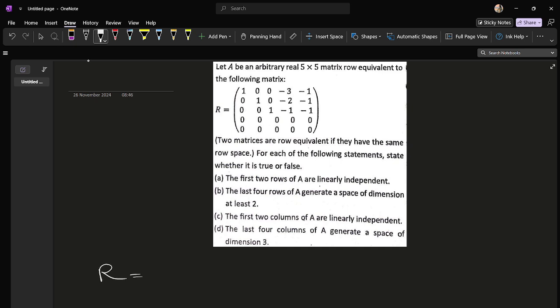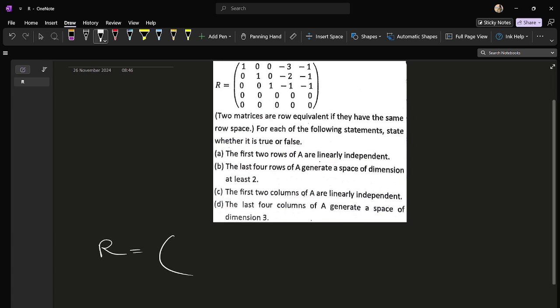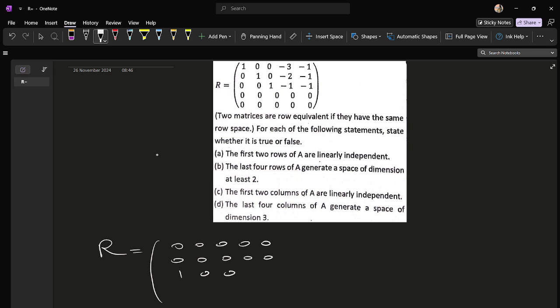If we take the matrix like this, with the zero rows, and the third row will come in our last.